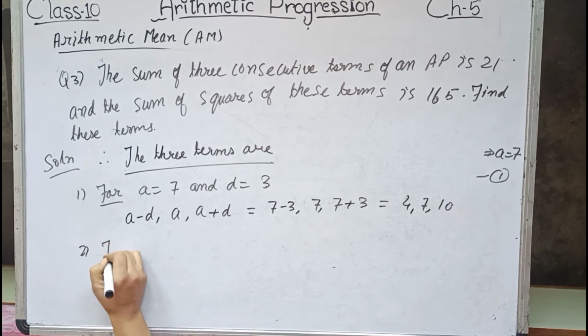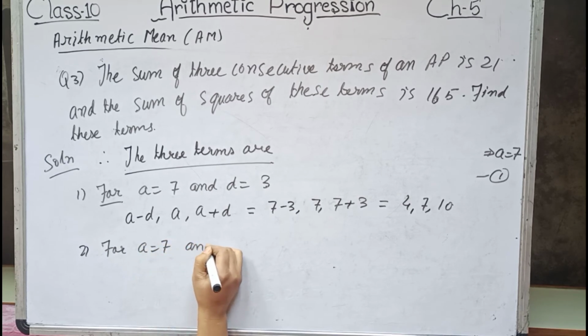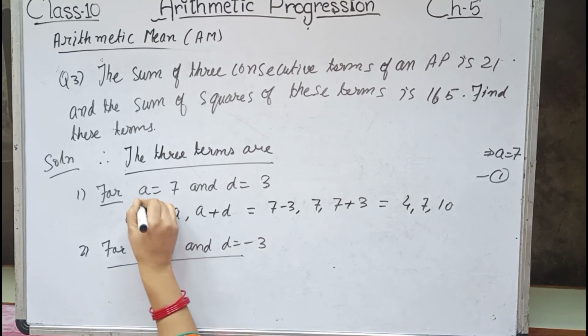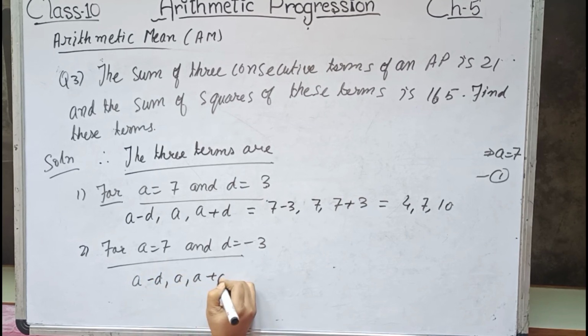And number 2, for a equals 7 and d equals minus 3. The terms are a minus d, a, a plus d.